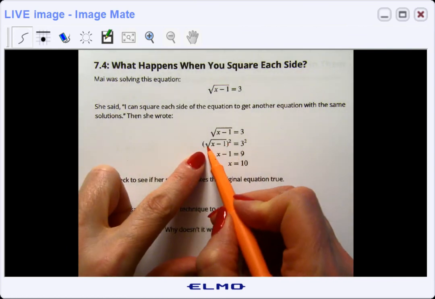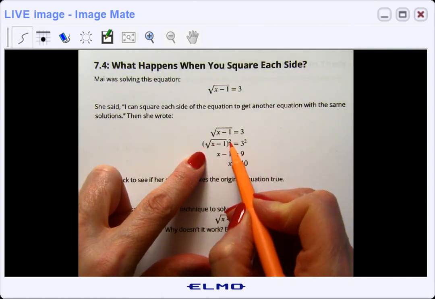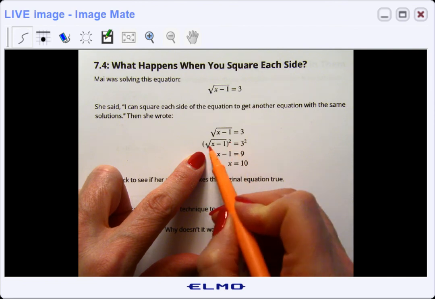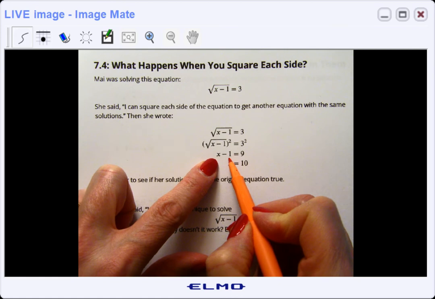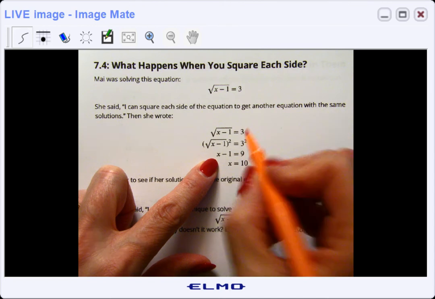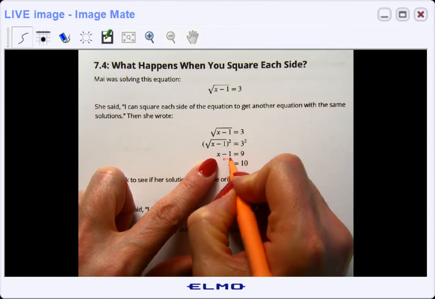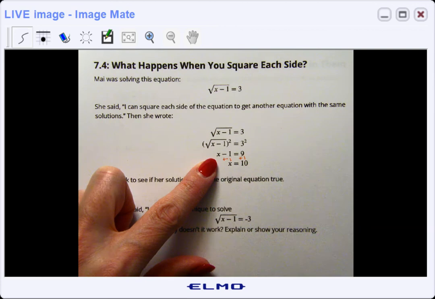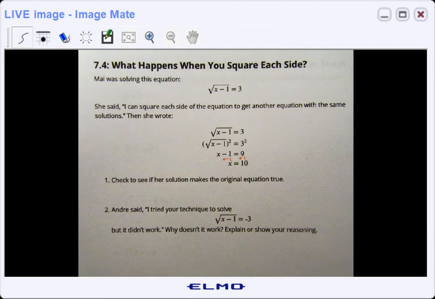Because square root and square are inverse operations of each other, when you square this, you get what was under the radical, x minus 1. And then 3 squared is 9. And then finally, by adding 1 to both sides of the equation, you get x equals 10.